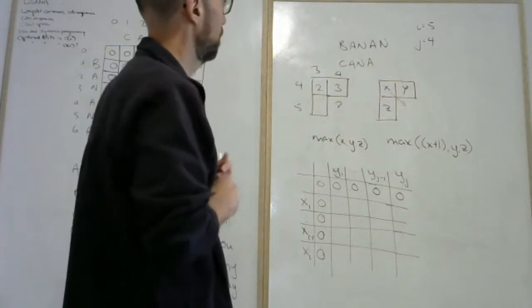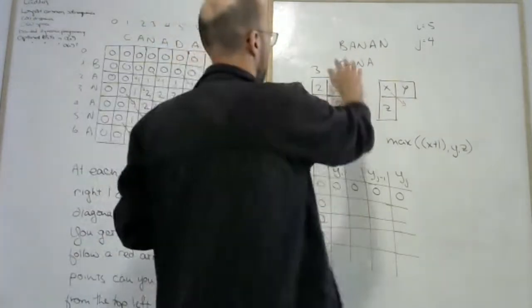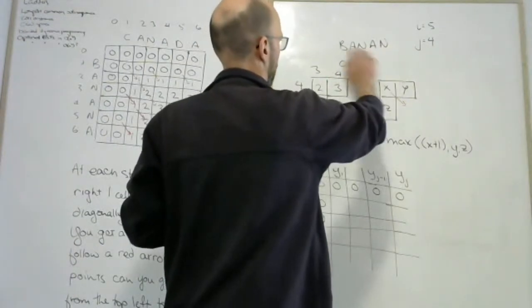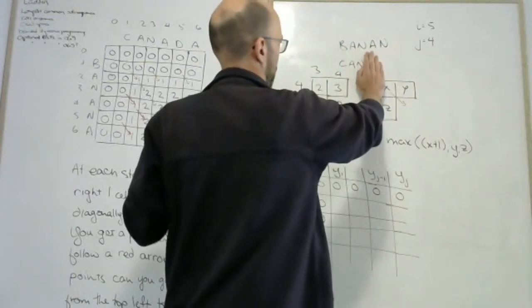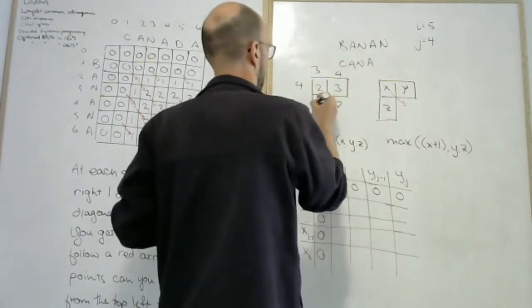It's still 2, right? Because banan, there are five characters here. Banan and kan, well, it's only A and N, so it's still 2.